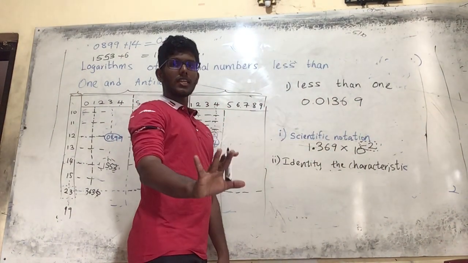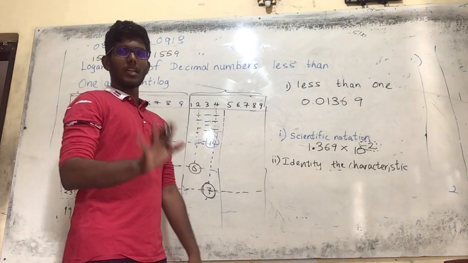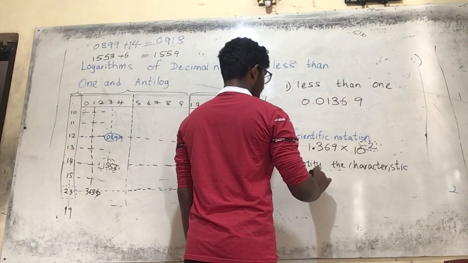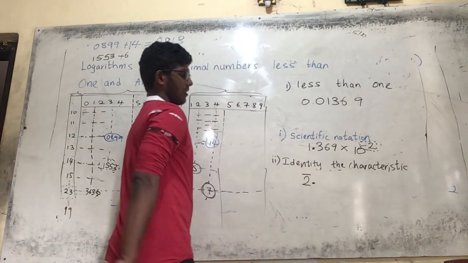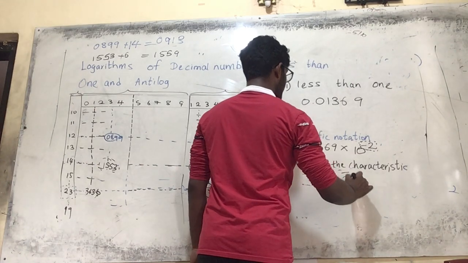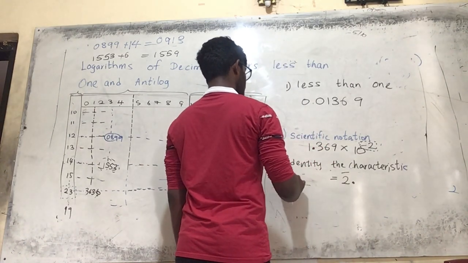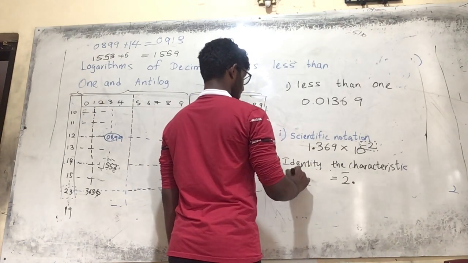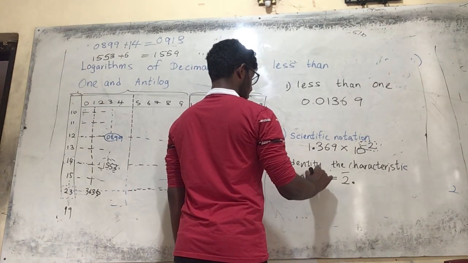But the only difference with the previous method is that instead of writing minus 2, you just write a bar. So, a bar and decimal. I will write 0.01369.